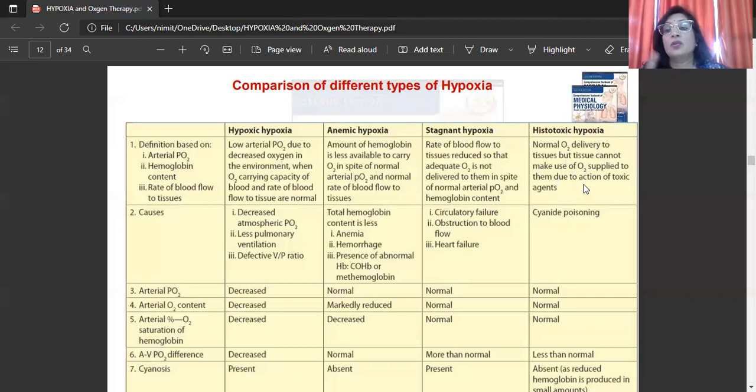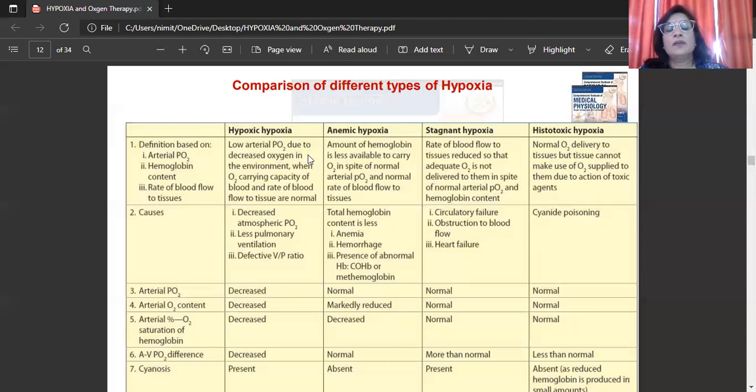That is, a toxic agent is present. In spite of normal oxygen delivery, the tissues cannot make use of it because of the presence of the toxic agents.